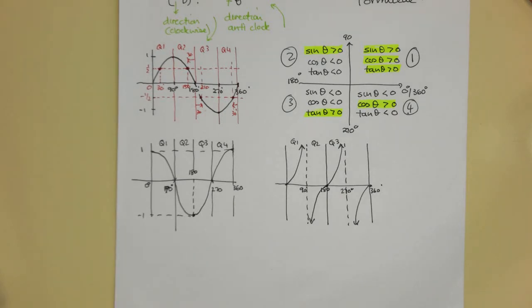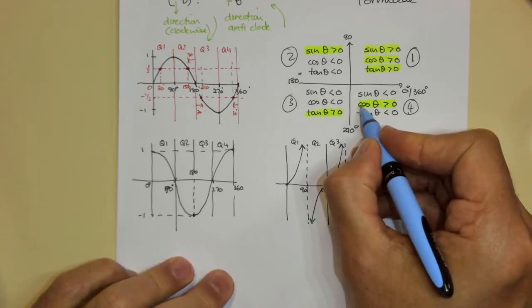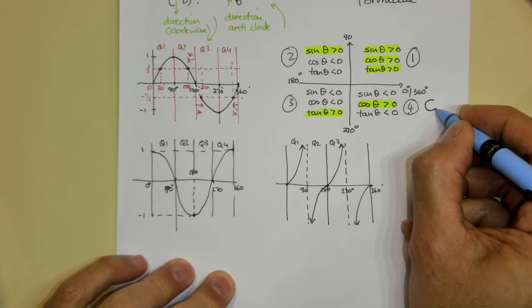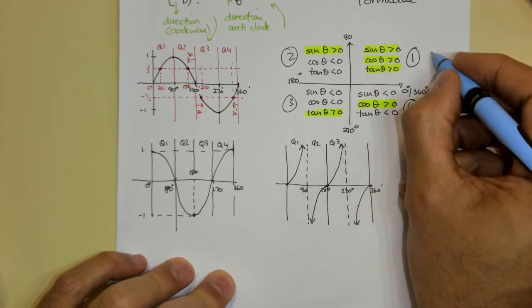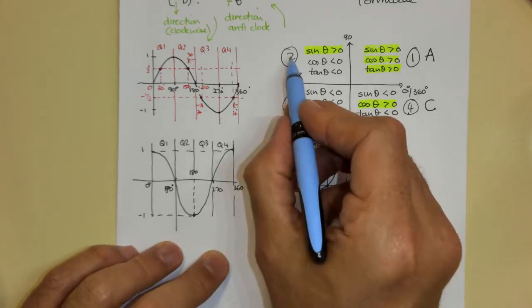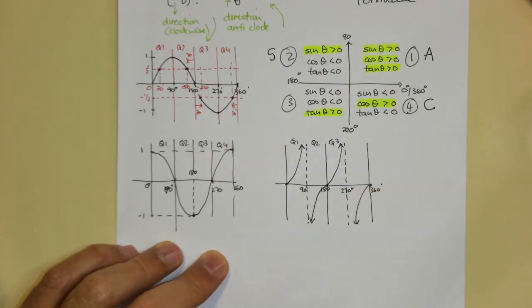And folks, that is turned into the rule that we refer to as the CAST rule. It's based on the first letters of the ratios. So in the fourth quadrant, cosine is positive. In the first quadrant, all of the ratios are positive. In the second quadrant, sine is positive.